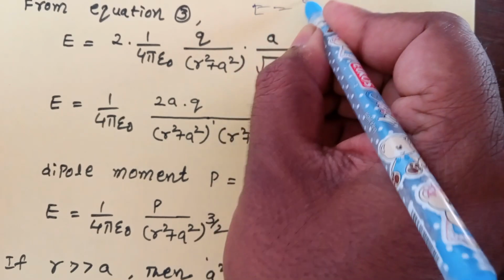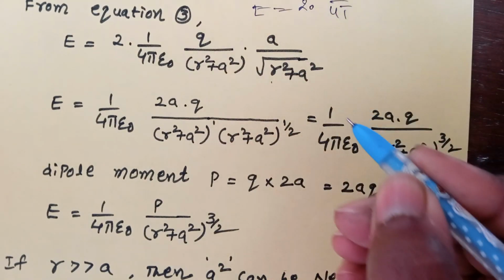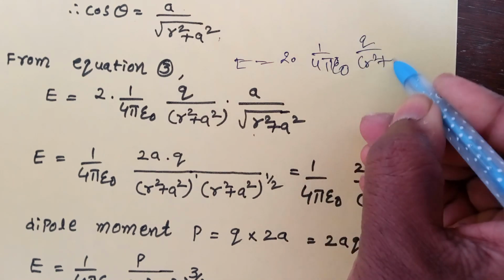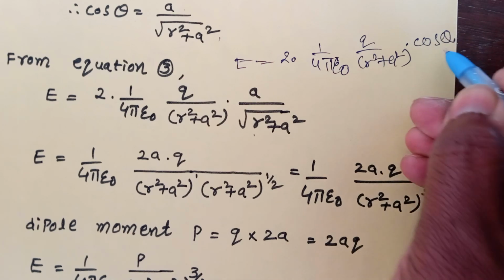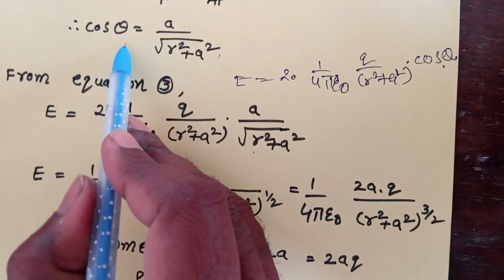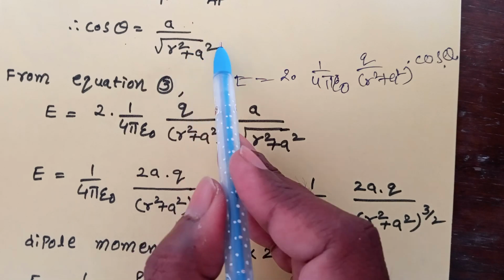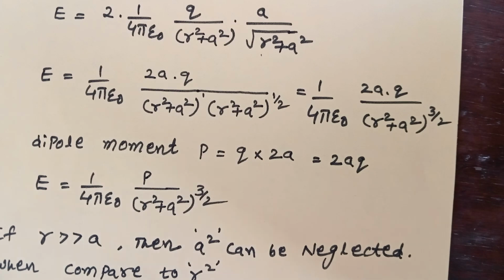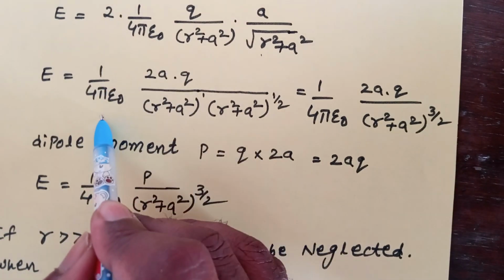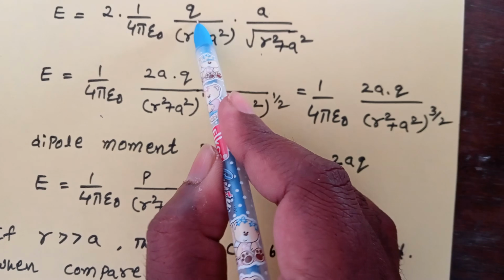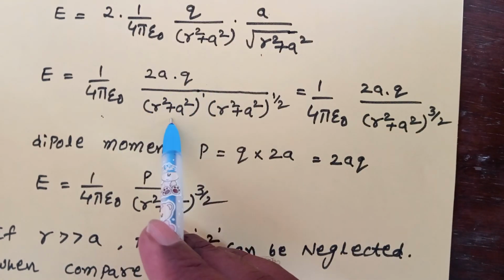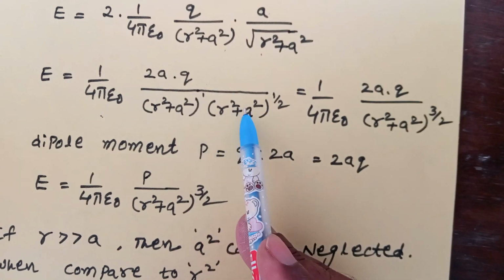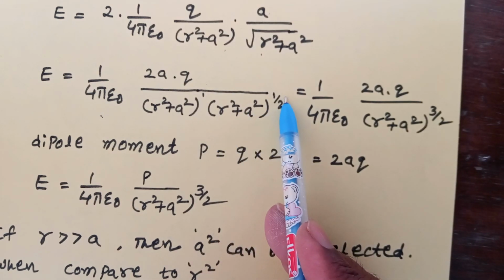Substituting, E is equal to 1 by 4 pi epsilon naught 2aq by r square plus a square whole to the power of 1 by 2.